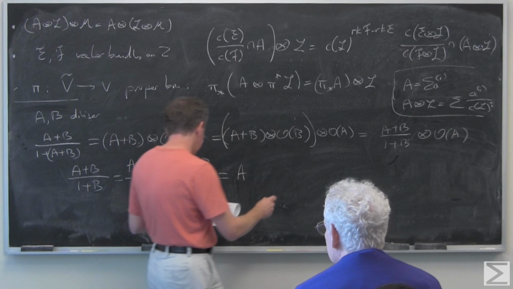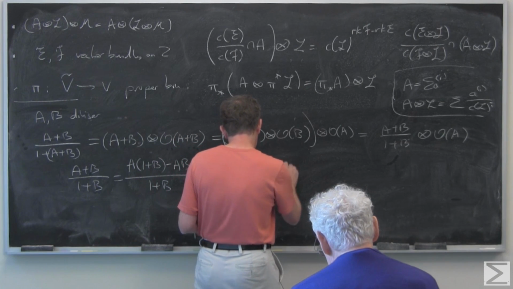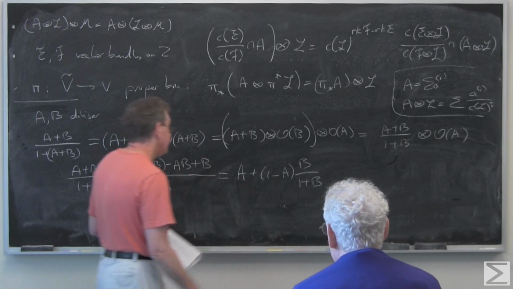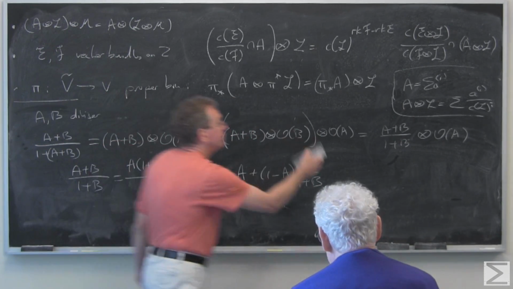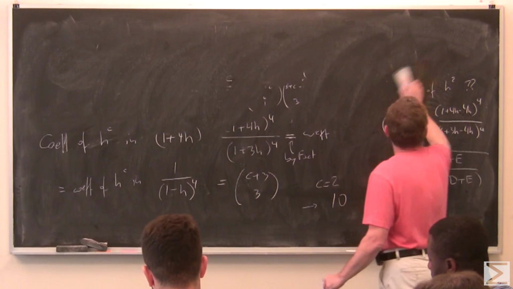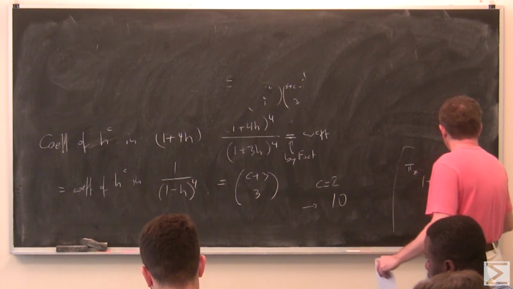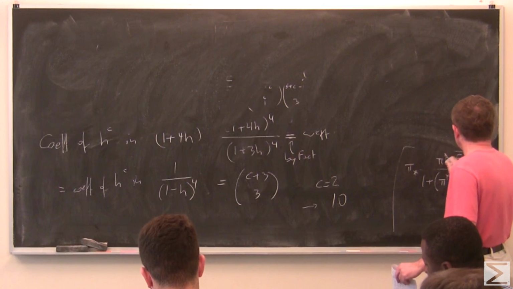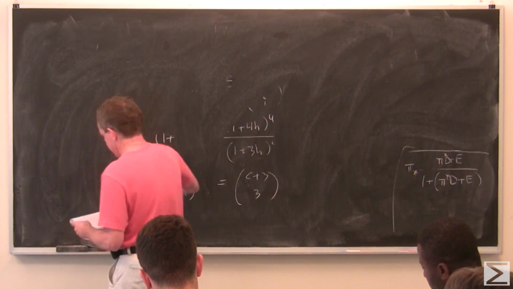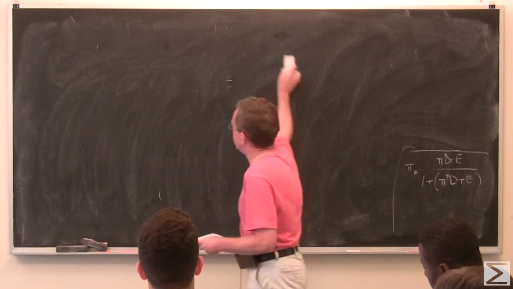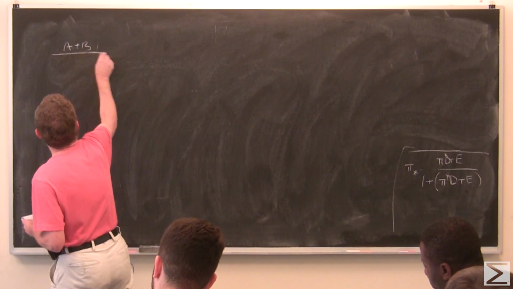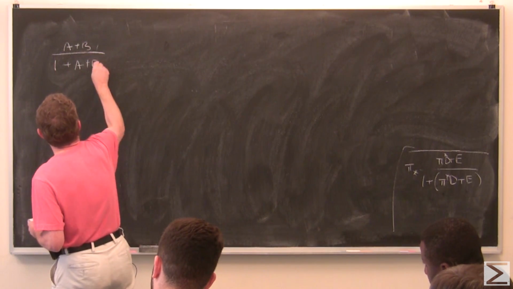This is A, and what's left is 1 minus A times B over 1 plus B. Looks like I need one more line, but I have this whole board for me. So what was it? A plus B over 1 plus A plus B.